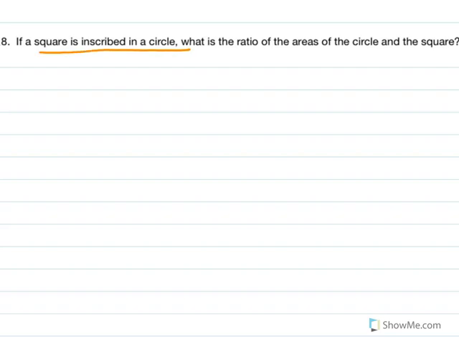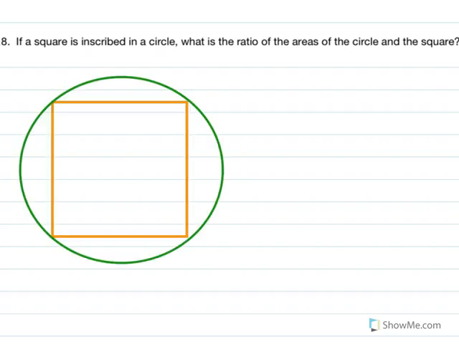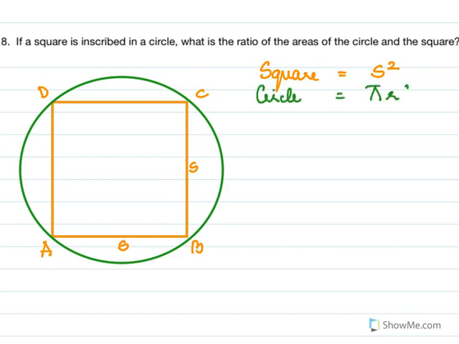If a square is inscribed in a circle, so here we have a square ABCD which is inscribed in a circle. Now we know for a square, the area is S square, side into side, so this is our S and here is our S. And for the circle, area of circle is pi r square.